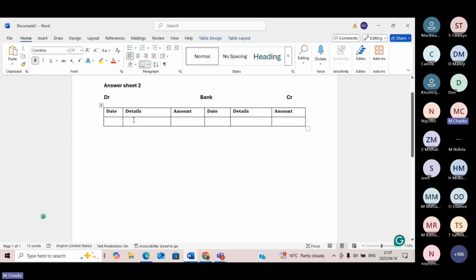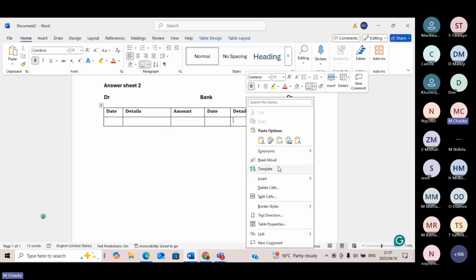So now let's go and check the transactions. Can we go to transaction number 1? Let me just add this so that we don't have to come back. We're just going to copy and paste.